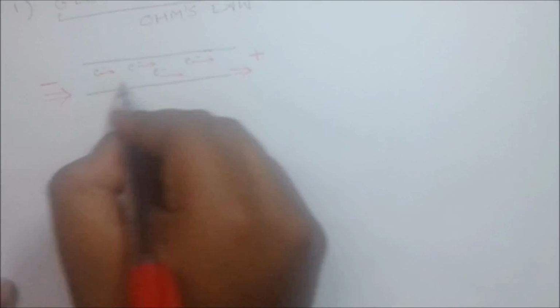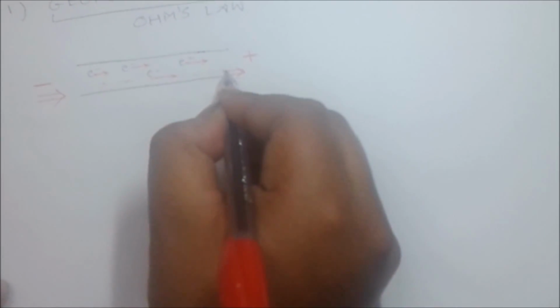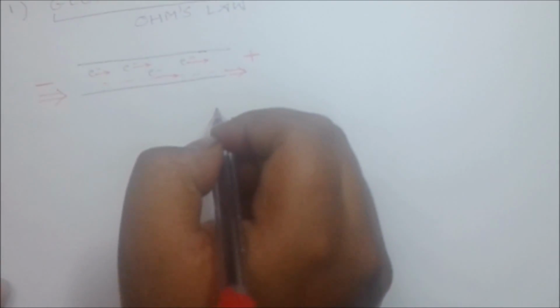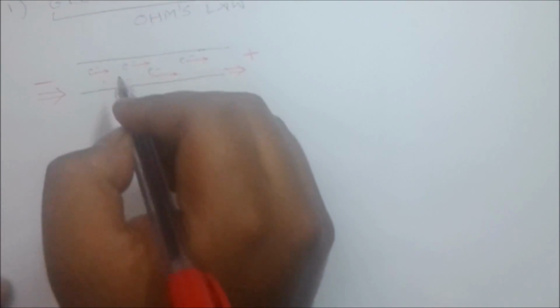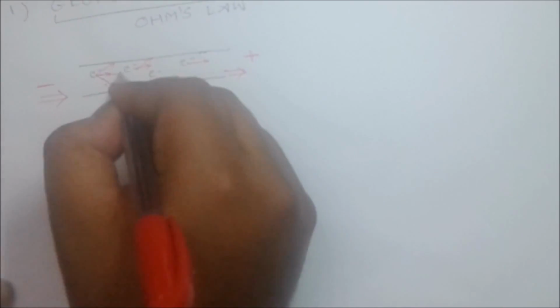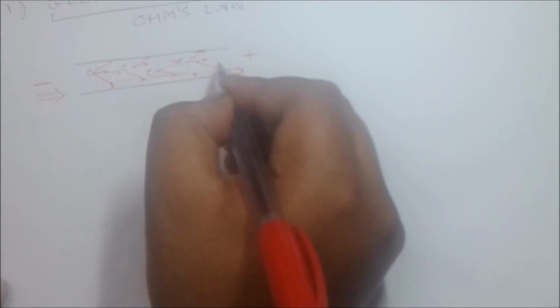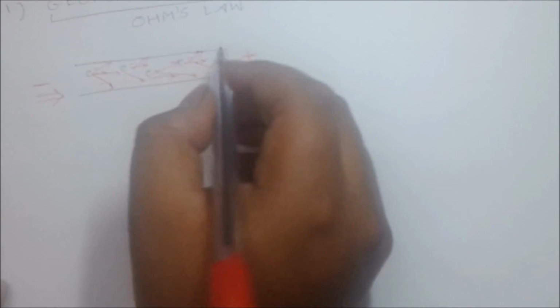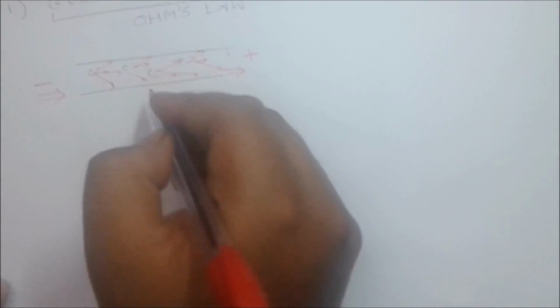When these electrons move, this constitutes current. There is a hindrance in the path of these electrons, which is collision with the walls and collision with other electrons. These electrons collide with the walls and within themselves, and hence it affects the smooth flow of these electrons.